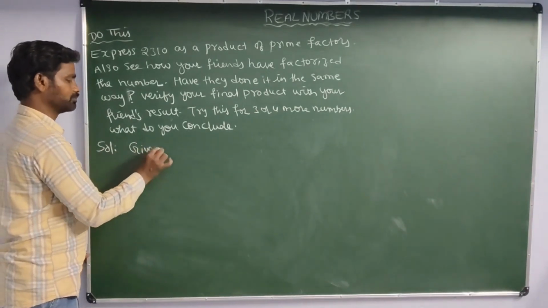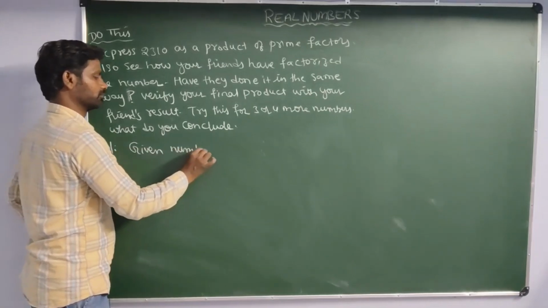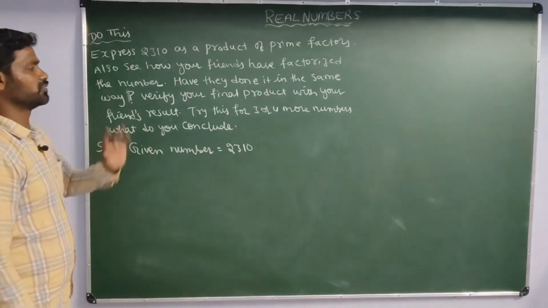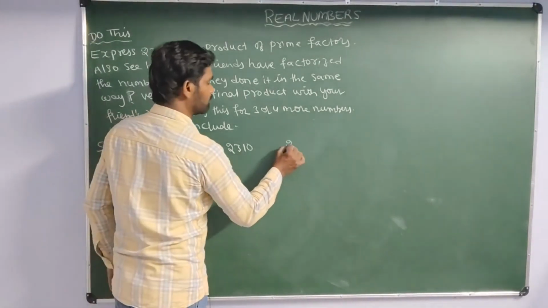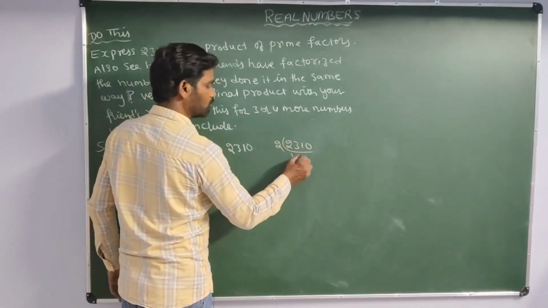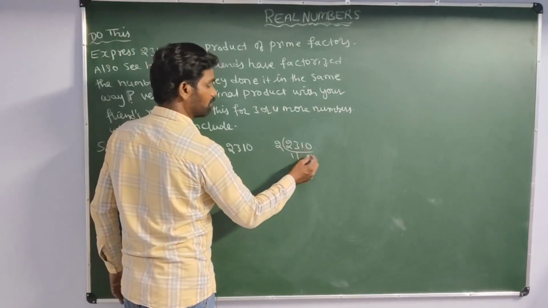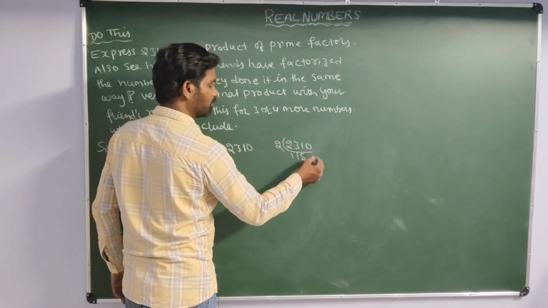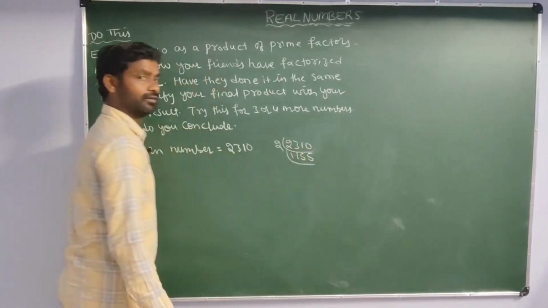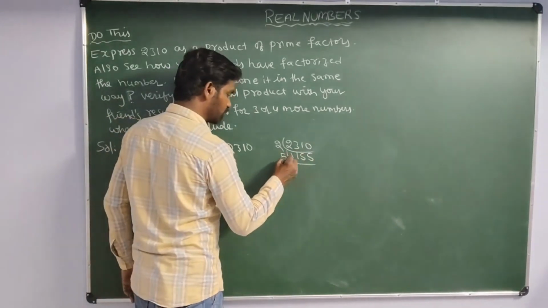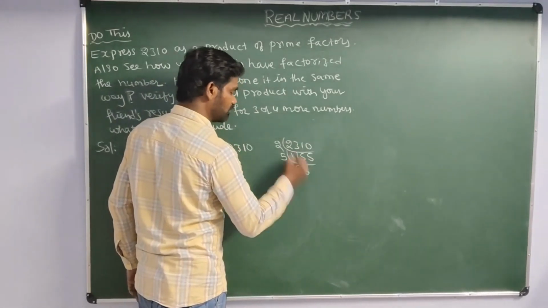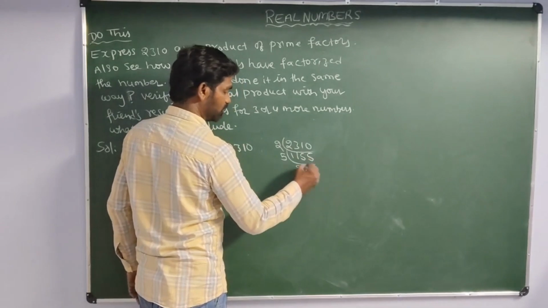Given number 2310. Now we have to find the product of primes for this 2310. 2 ones are 2, 2 ones are 2, 1 remains, 1 1 it becomes 11, 2 5s are 10, 1 remains, 10, 2 5s are 10. So the last digit is 5, then we go with number 5: 5 2s are 10, 1 remains, 5 3s are 15, 5 ones are 5.